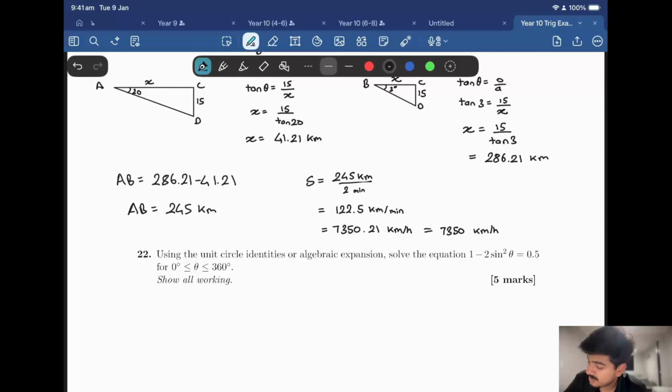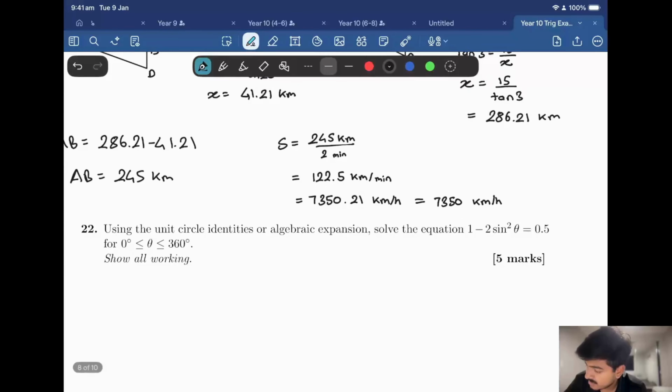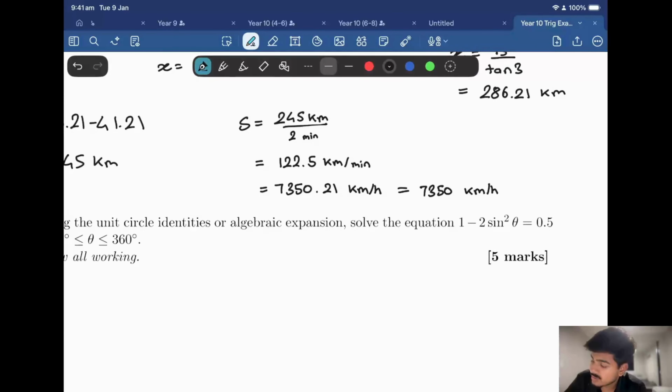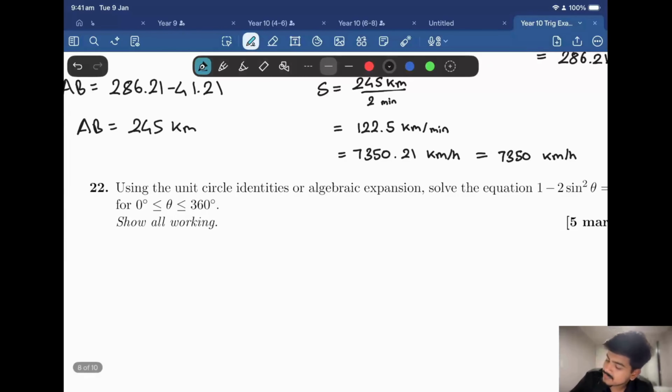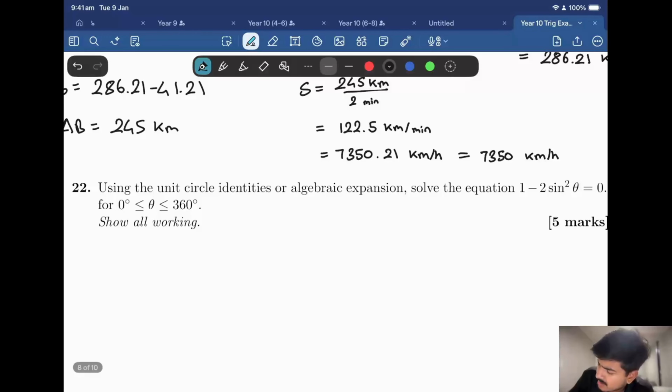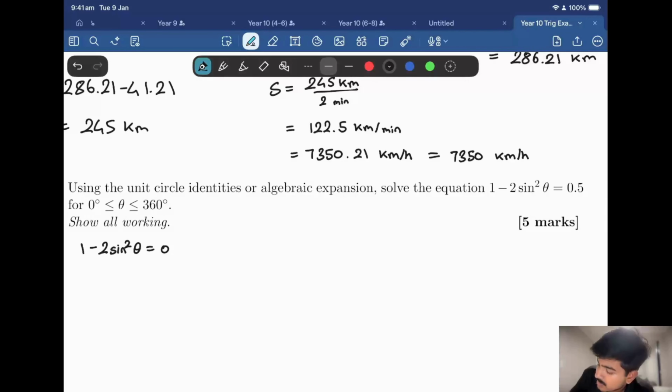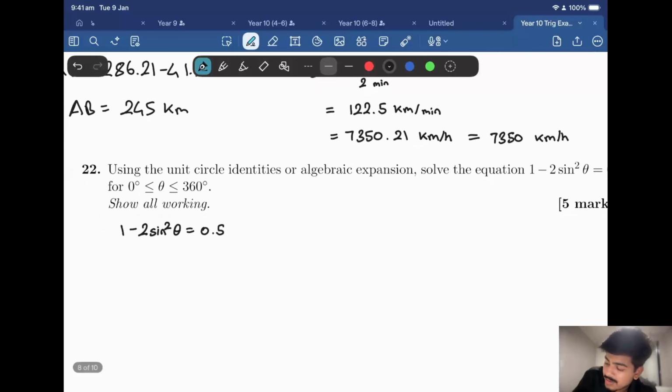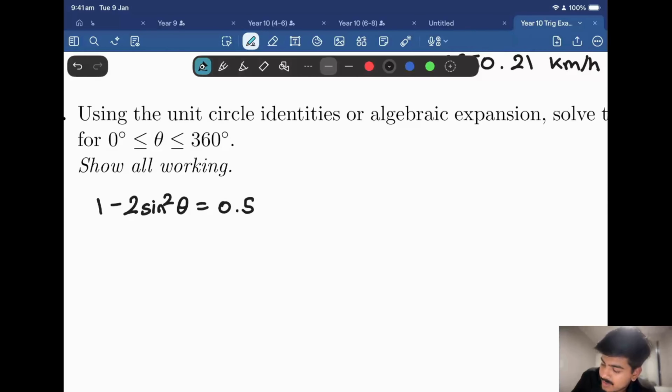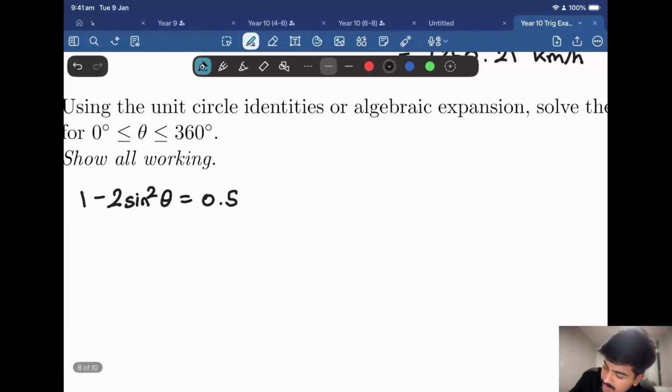Okay, alright, this question: using unit circle identities or algebraic expansion, solve the equation. Pretty easy. I get 1 minus 2 sine squared theta is equal to 0.5. We're going to use algebra to solve this, right? So I take the 1 over to the other side, so I get negative 2 sine squared theta is 0.5 minus 1.